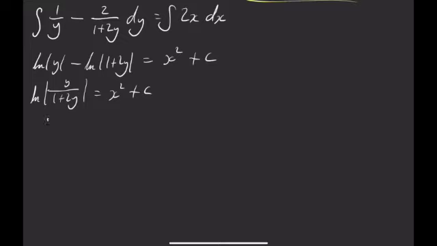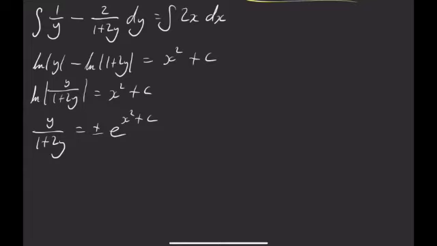So now I'm going to make the claim that y over 1 plus 2y is equal to plus or minus e to the x squared plus c. And that comes from the fact that this absolute value means that I can swap that out for a plus or minus on this side. And I got this e, because if I raise this to the e and I raise this to the e, this side cancels.